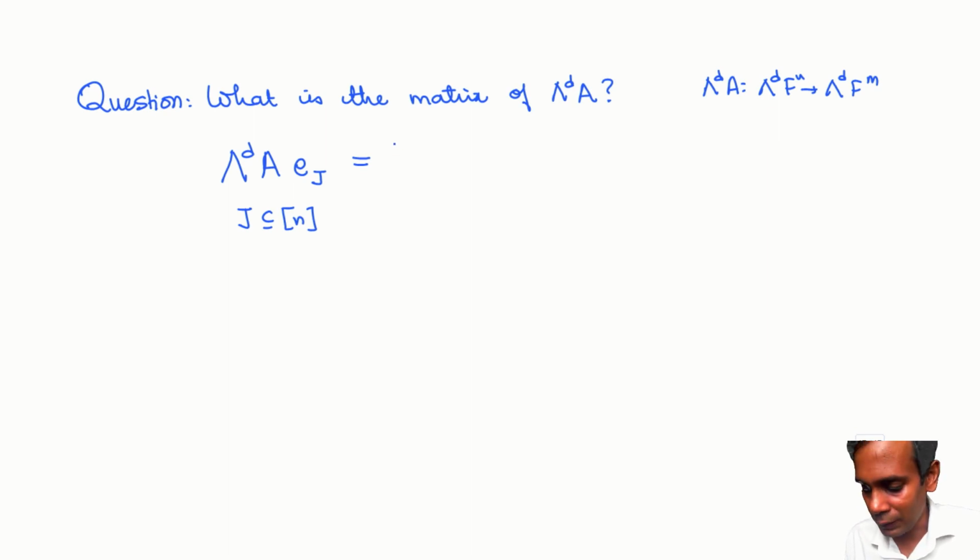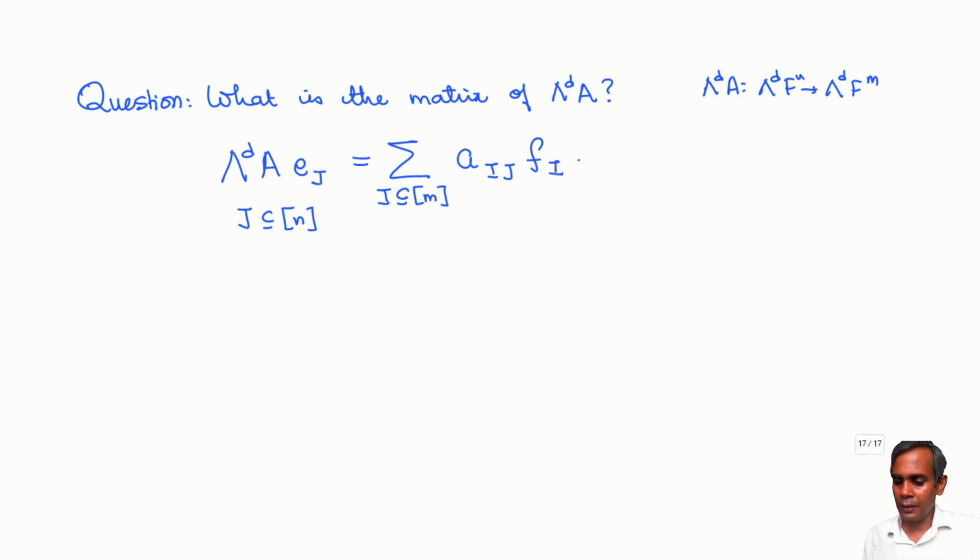So this is going to be the summation over I subset of m of a_IJ f_I.